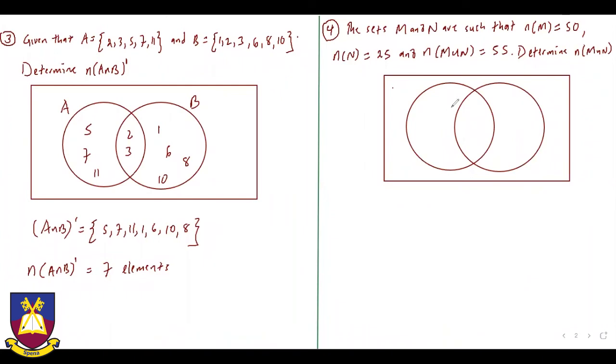So we can fill our Venn diagram. We know that the total number is 55. We know that the number of those in M is 50.